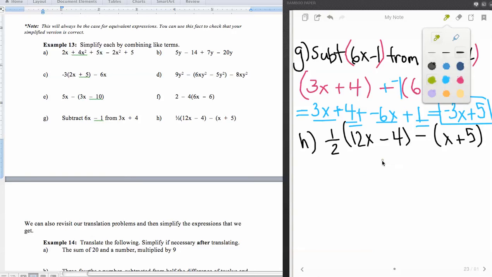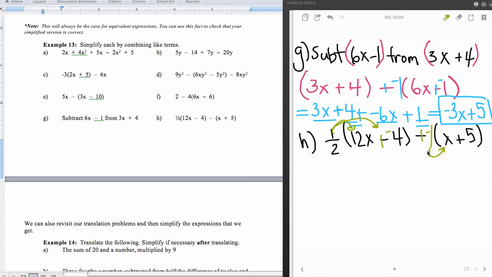All right, next we have, same thing here, change all subtraction to addition, and then we can simplify. So distributive property here and here, and then distribute here and here. So 1/2 of 12 is 6 x's, and then 1/2 of negative 4 is a negative 2, and then plus a negative x, and then plus a negative 5.